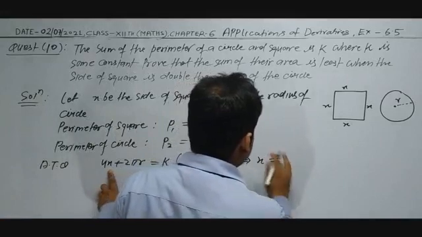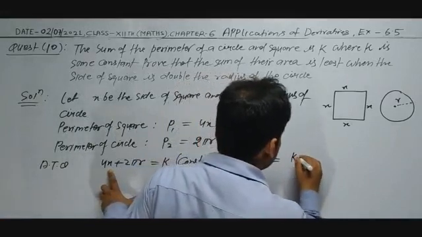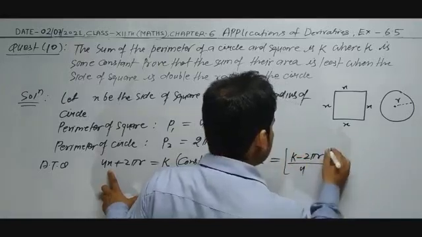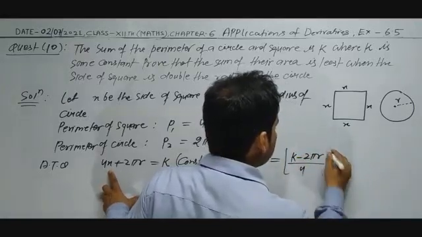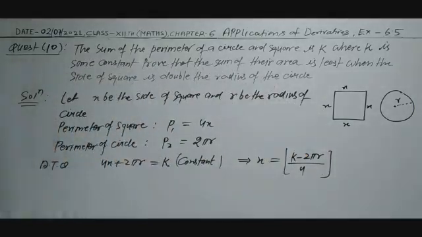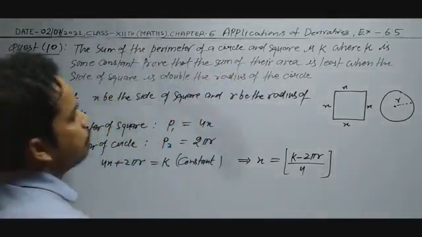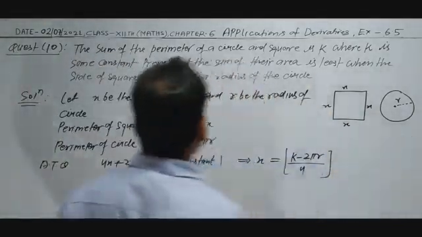So x will be equal to k minus 2 pi r whole upon 4. This is the value of x. Now we have to prove that the sum of their areas is least. This means first of all we have to find the sum of their areas.